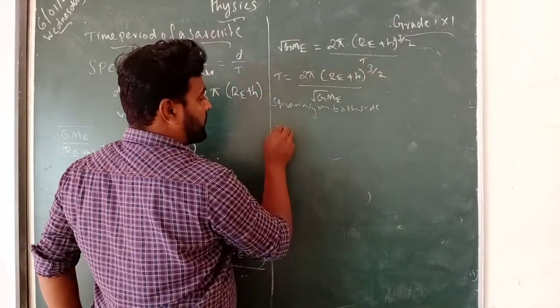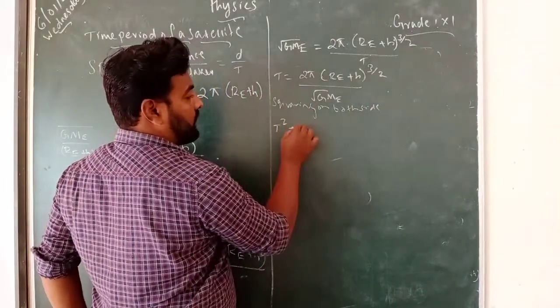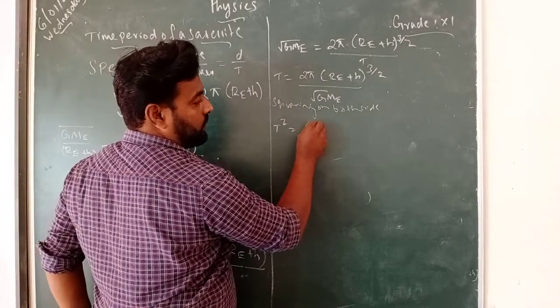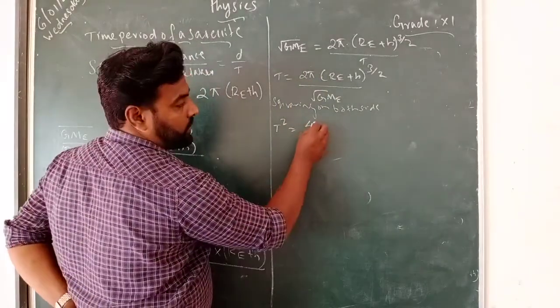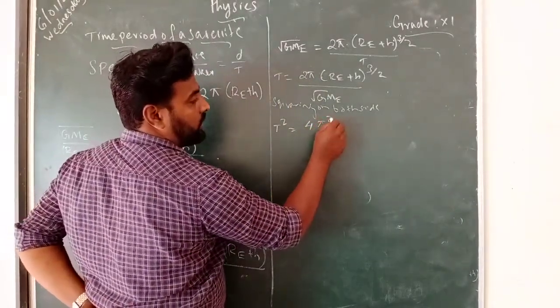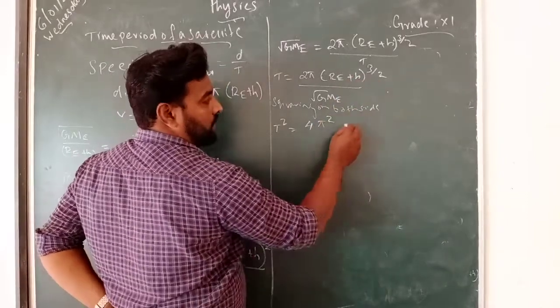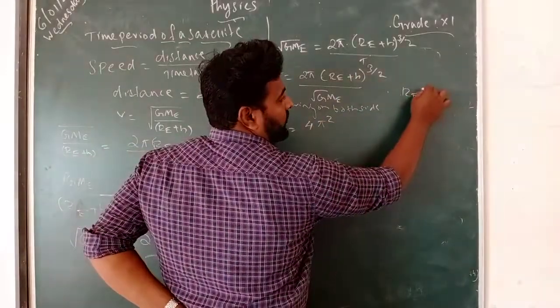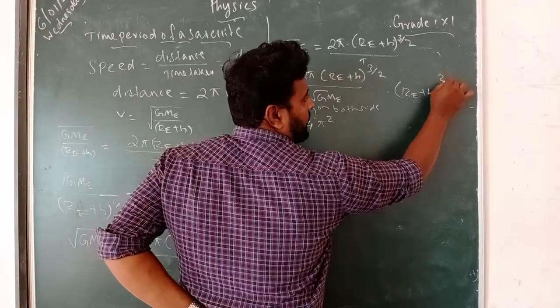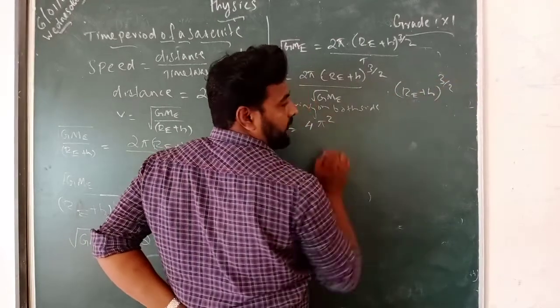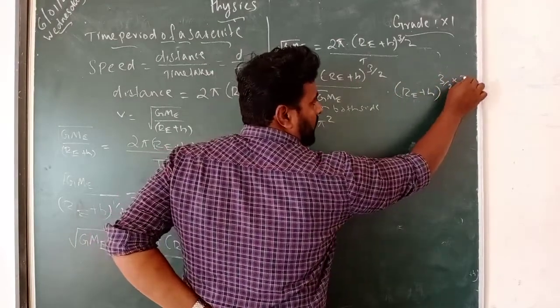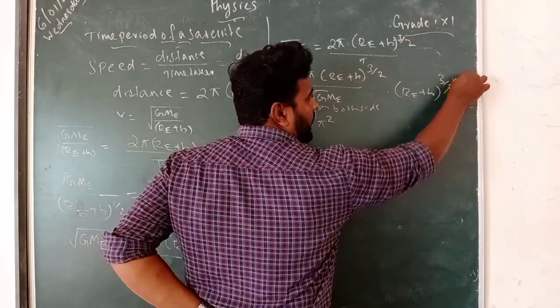So what we will get means T square. 2 square is 4, and pi square here. R_E plus h to the 3 by 2. When we square, it will come into 2. So the 2 cancels.